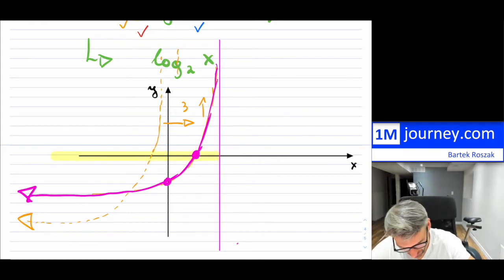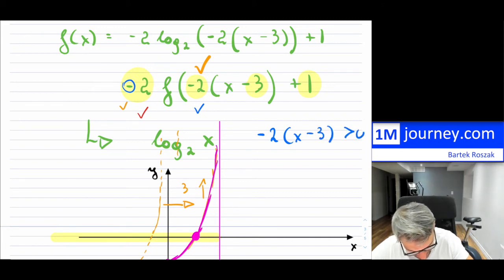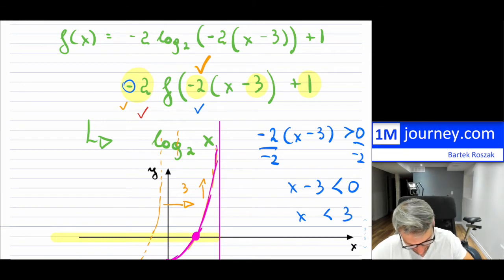And again, if you forgot, what we need is -2x minus 3 to be greater than 0. Now dividing by -2 on both sides, it's going to flip this over, so x is less than 3. So that is my domain.